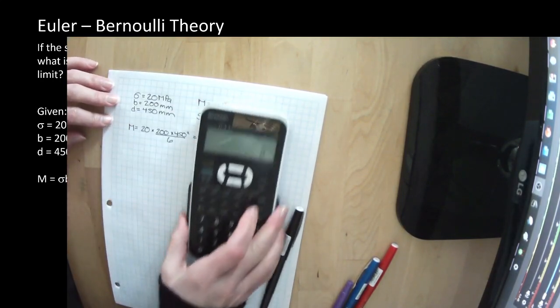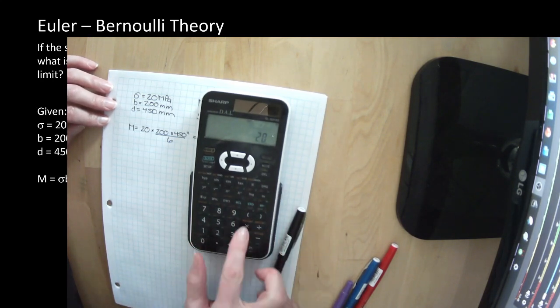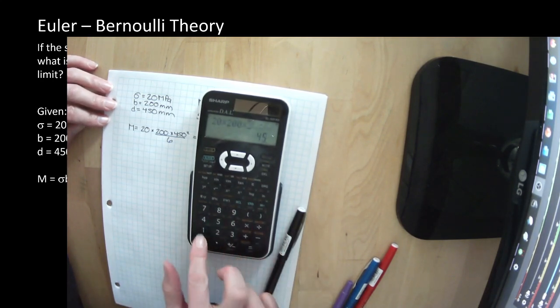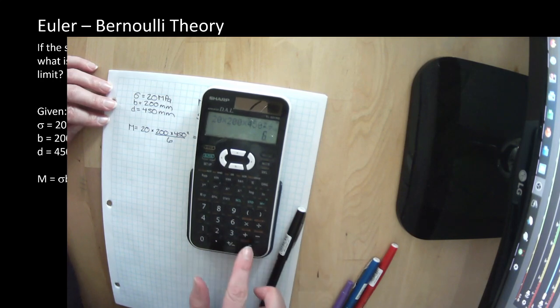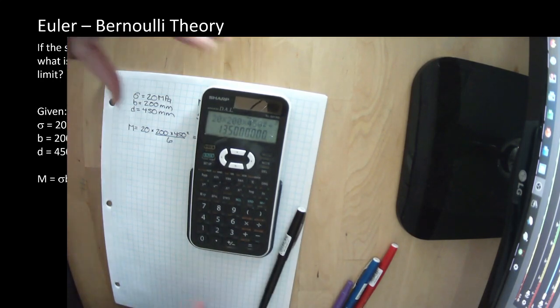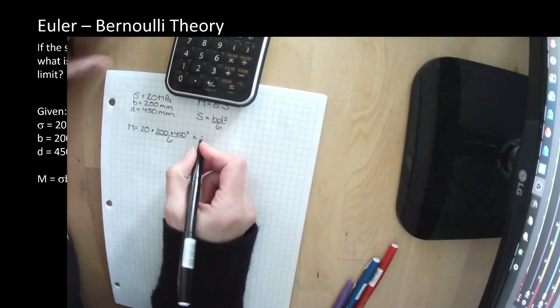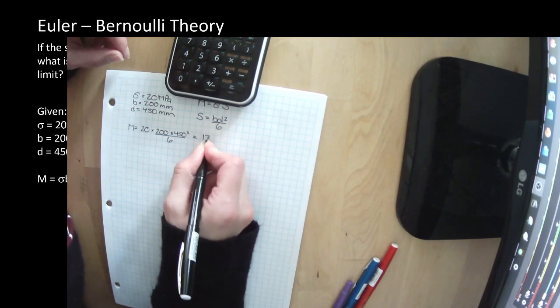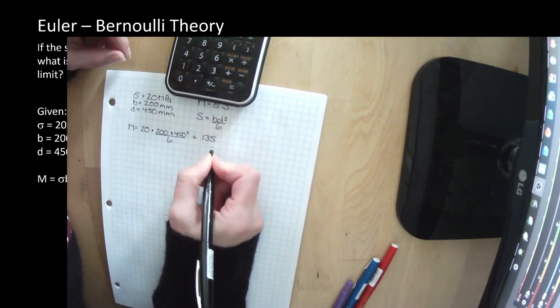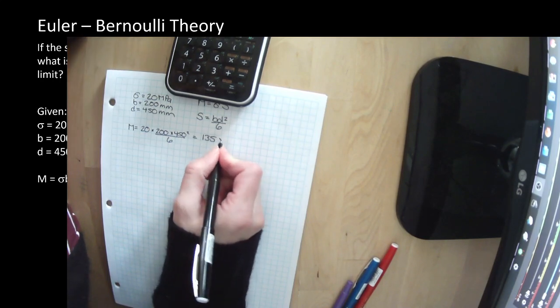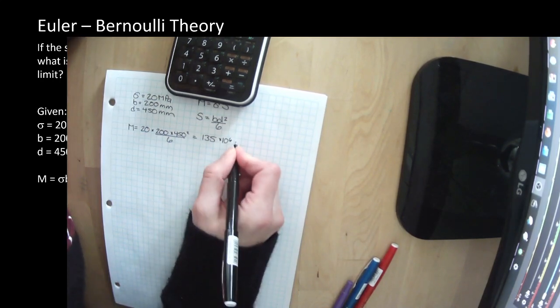Let's bring out our trusty calculator. We have 20 times 200 times 450 squared divided by 6. Whew, that's a big number. We have 135 times 10 to the 6.